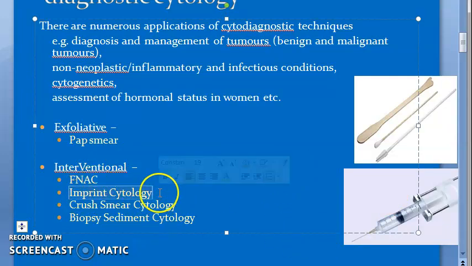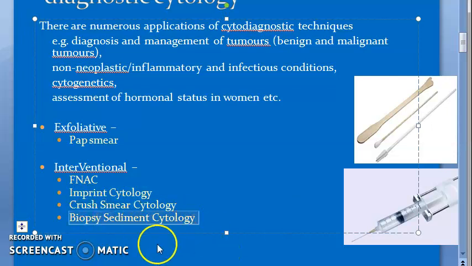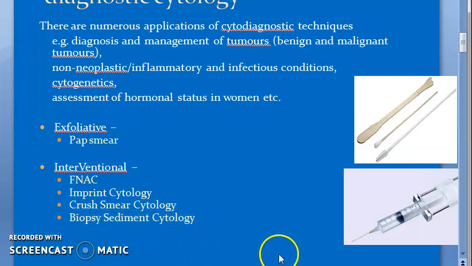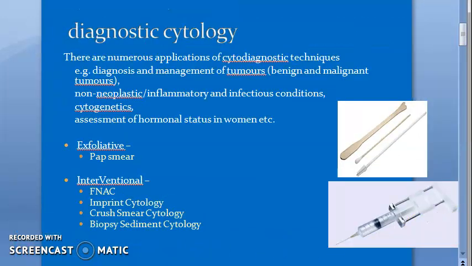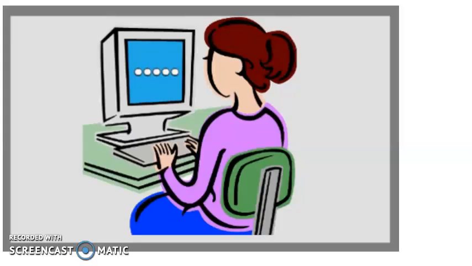What do you think is imprint cytology? The cut section will be imprinted onto something. That is imprint cytology. Crush smear cytology is used in brain tumor. Biopsy sediment cytology is usually used in bone tumor. So you understand exactly where FNAC is, right? FNAC is in the interventional cytology under the diagnostic cytology.